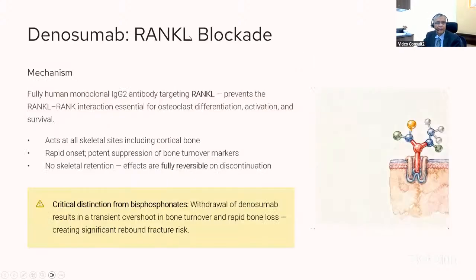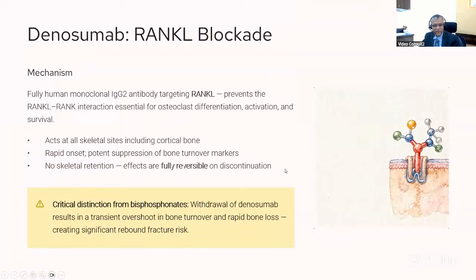The RANK ligand blockade, denosumab, is a fully human monoclonal IgG2 antibody targeting RANK ligand, which prevents the RANK ligand-RANK interaction, essential for osteoclast differentiation, activation, and survival. It acts at all the skeletal sites, including the cortical bone, with rapid onset, potent suppression of bone turnover markers, and no skeletal retention.